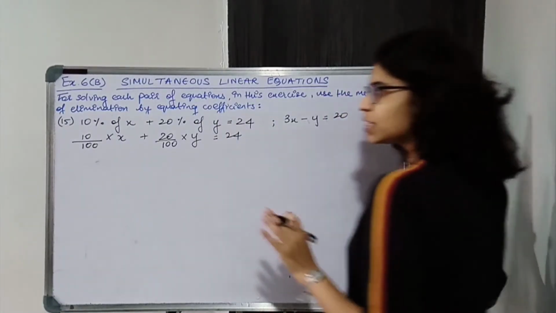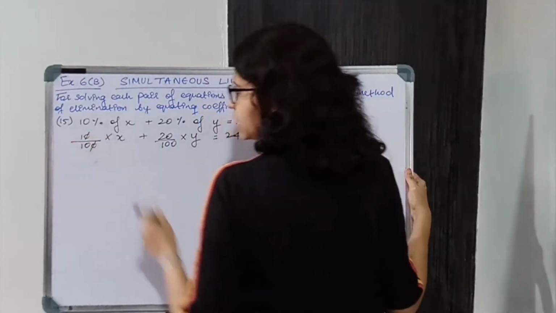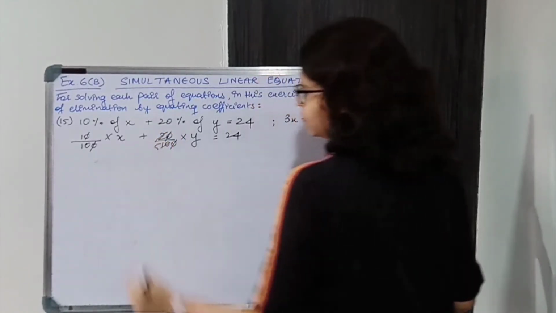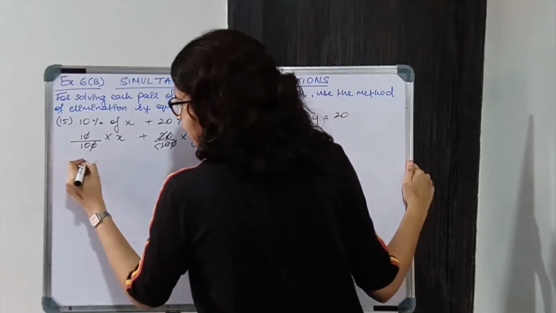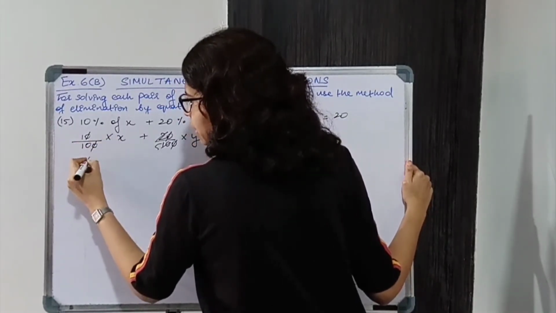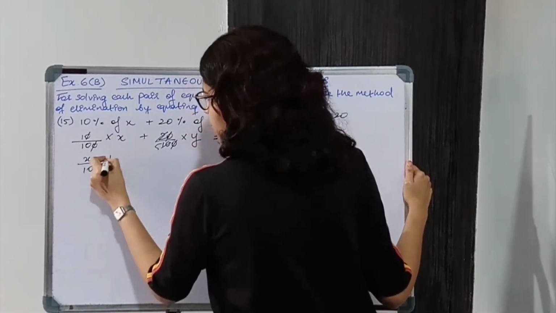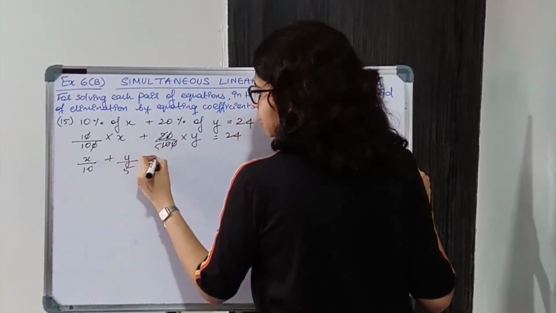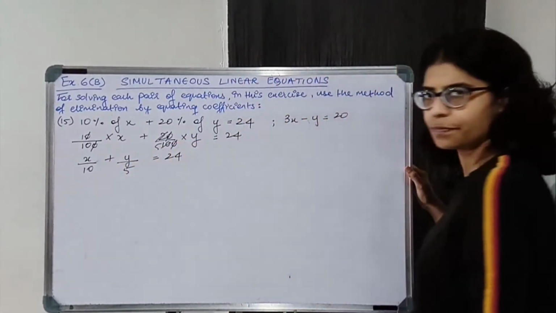It's very easy, the zeros cancel, and 2 fives are 10, so we are getting 1 into x, x upon 10, and 1 into y, y upon 5 is equal to 24.